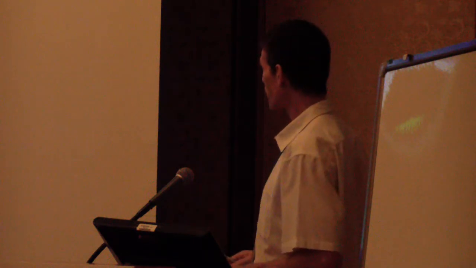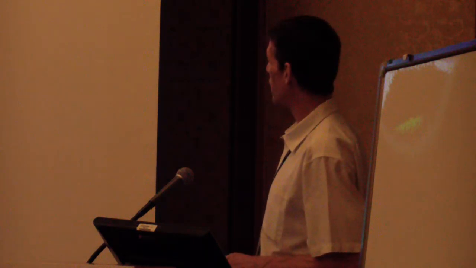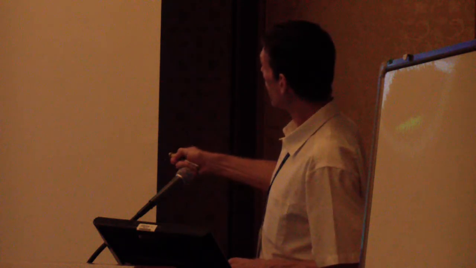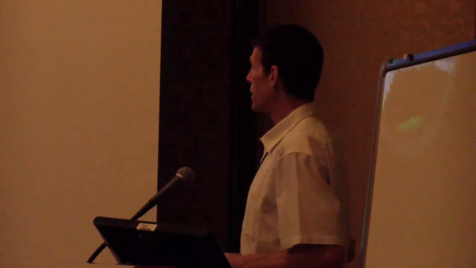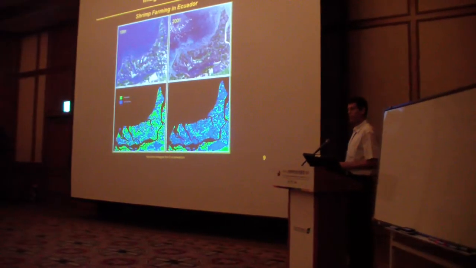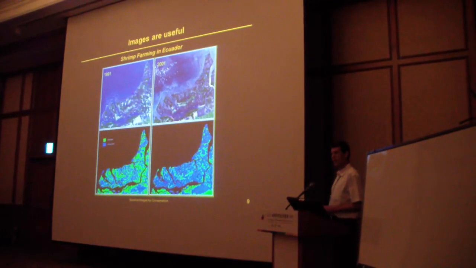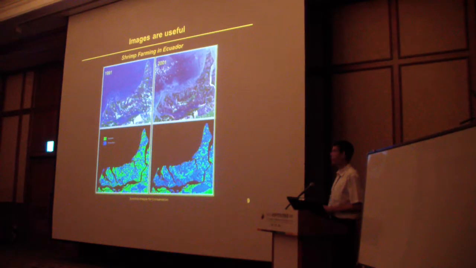So this is a little bit different application. This is in Ecuador near Guayaquil. There's a river that comes out here. This was all originally mangroves, but as probably a lot of you know, mangroves are very popular areas for conversion to shrimp ponds.